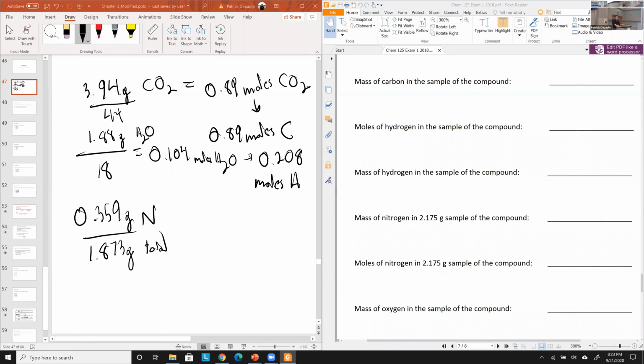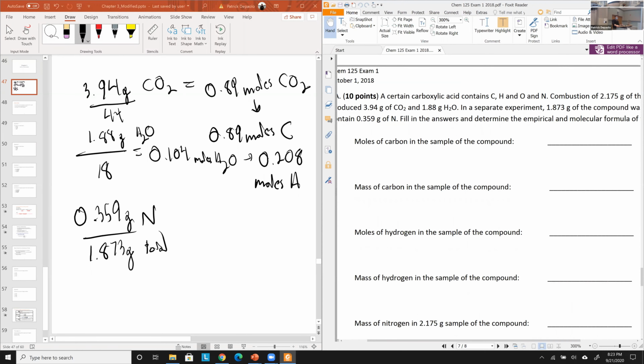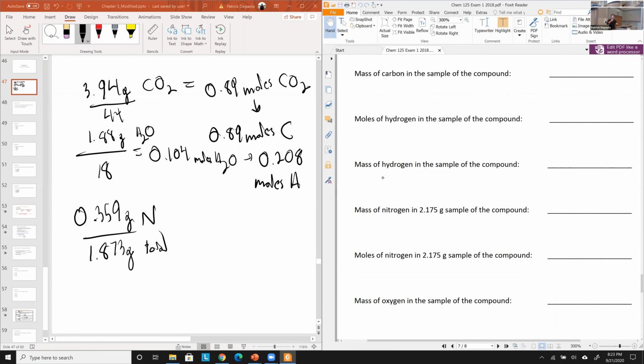If you remember, the original sample was 2.175 grams. But the second experiment gave us the percent nitrogen in the compound, which we can calculate right now by doing 0.359 divided by 1.873, and we get 0.192, or 19.2% nitrogen. So the question's asking, out of the 2.175 gram sample, how much nitrogen do we have?